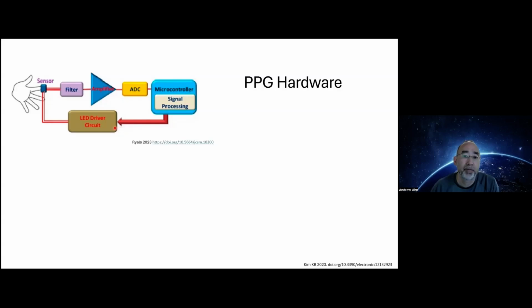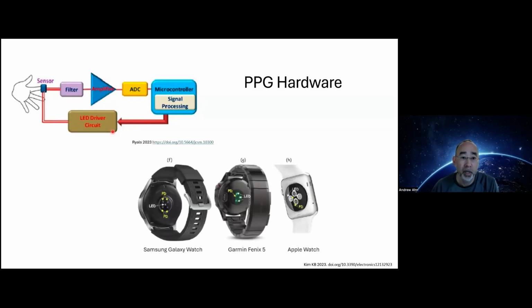And then the emitter driver, which is modified by the signal processing to modify the intensity of the light generated by the LED. Consumer wearables actually have different arrangements of the LED and the photodiodes and different filtering mechanisms themselves. You can see the different arrangements here.